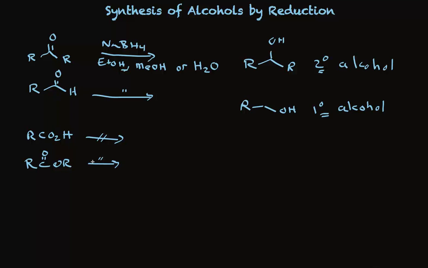Lithium aluminum hydride is a much stronger reducing agent and reduces all of these functional groups that are shown here. So in place of the sodium borohydride, we will write lithium aluminum hydride, which is often abbreviated LAH.